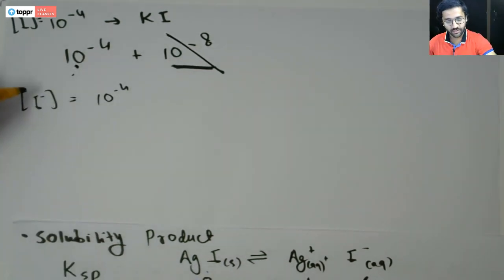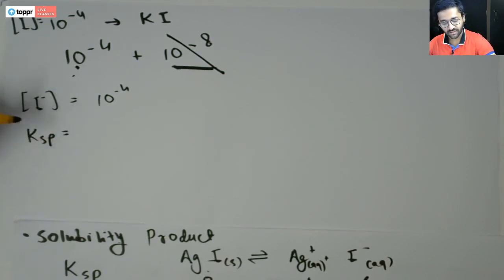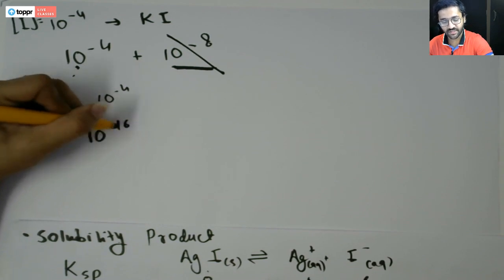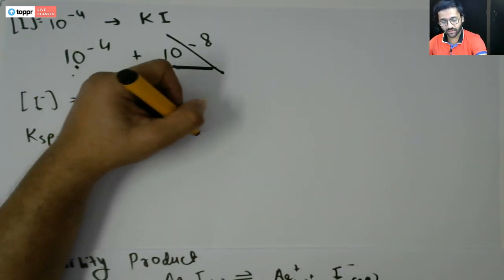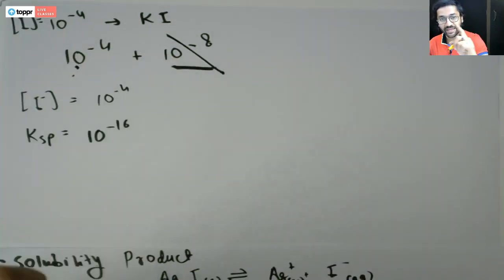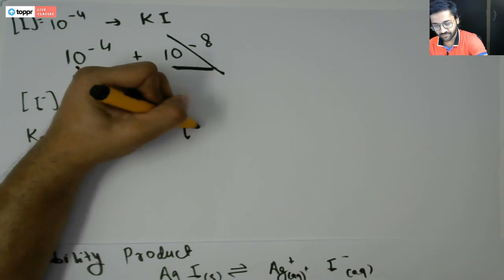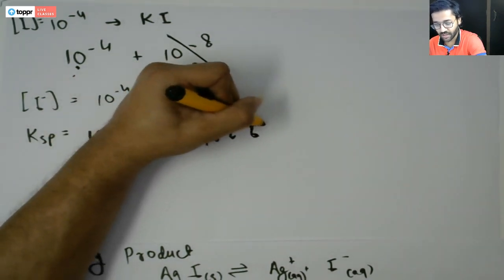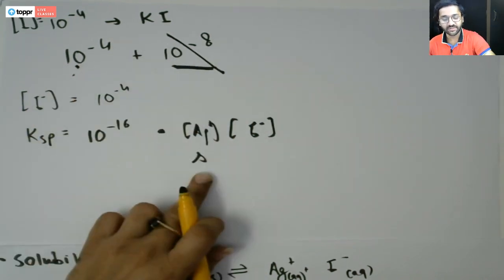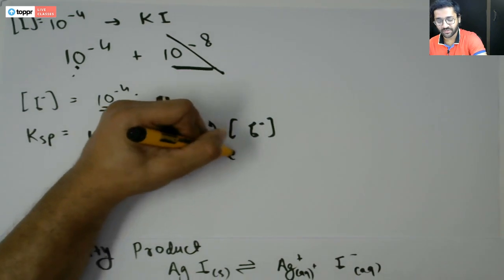Now we know that the solubility product Ksp, which is constant, will not change, that is 10 to the power minus 16. So we can now calculate the solubility of Ag plus in this solution by taking the solubility of Ag plus, which is S, times the I minus, which will have a new concentration of 10 to the power minus 4.